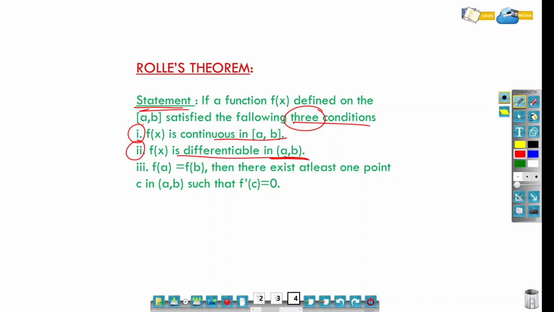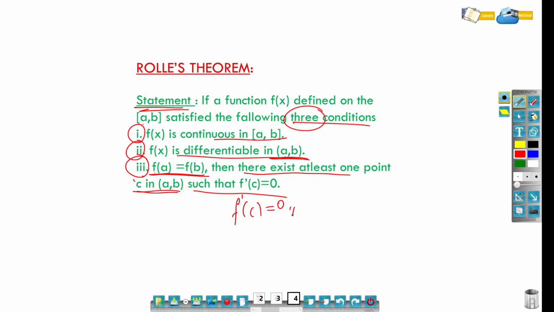Here we are taking the open interval, while in continuity we are taking the closed interval. And third condition, the value of the function must be equal at the end points of the interval. Then there exists at least one point c in the open interval a comma b such that f dash of c is equal to 0. This is the statement of Rolle's theorem.